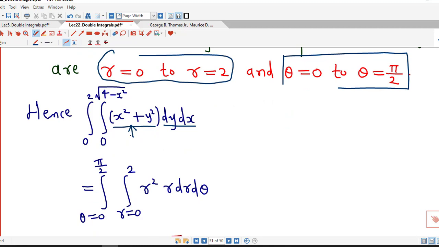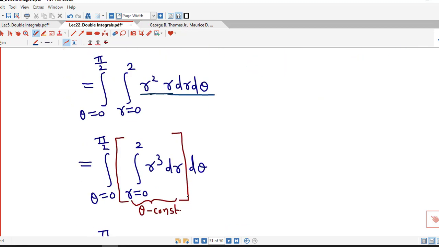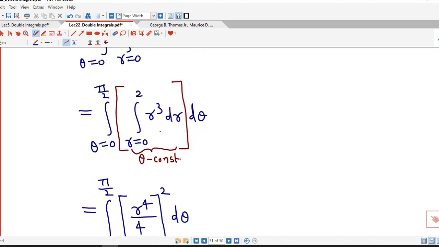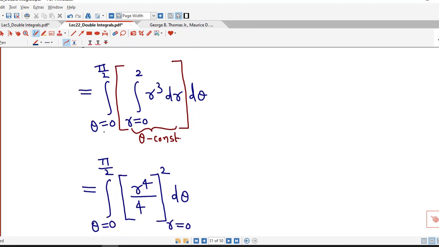So we replace x square plus y square by r square, dy dx by r dr d theta, and limits of r are from 0 to 2 and theta is from 0 to pi by 2. Now r square into r is r raised to 3, so we rewrite again r cube dr, r is from 0 to 2, and then d theta from theta equal to 0 to pi by 2.